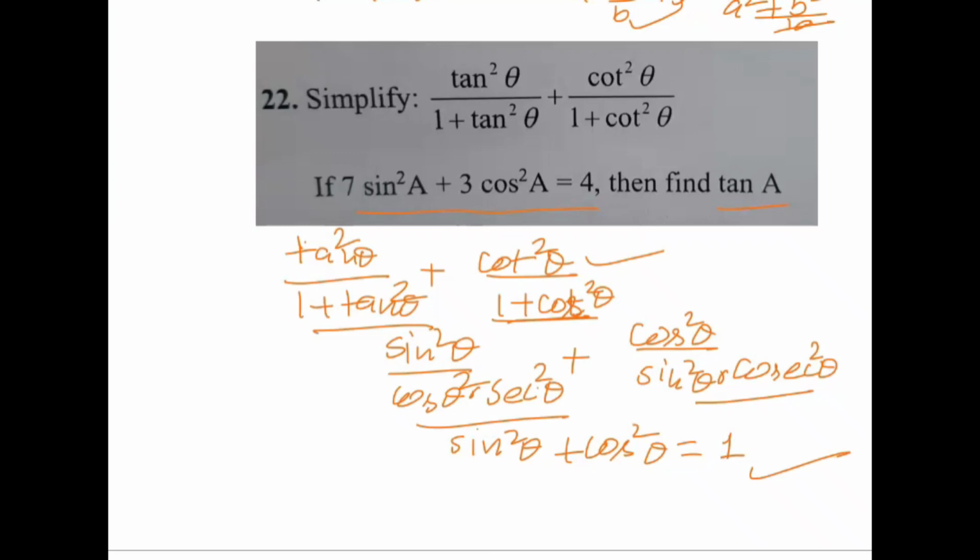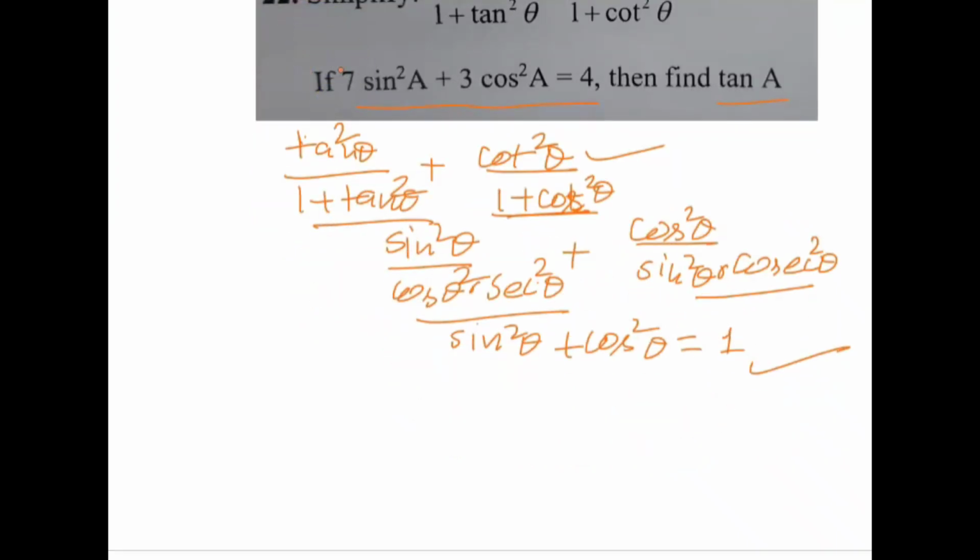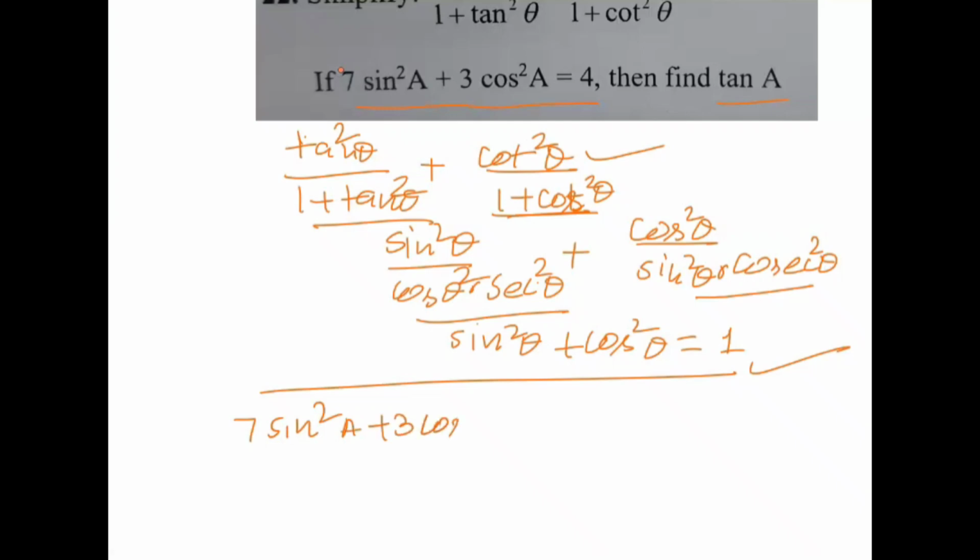Okay, now the second part, which is told in this part, so we will be taking 7 sin square A plus 3 cos square A equal to 4. Now we have to find tan A. What is tan A? Okay, so how will you write that?